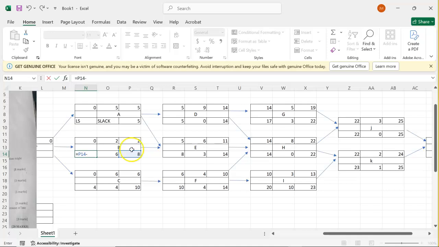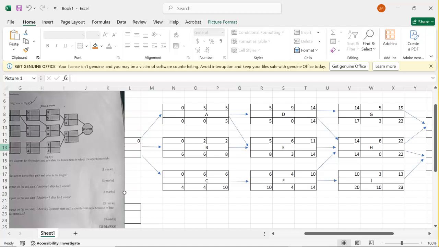Here A will be equal to that number minus that number, giving us 0. Again there it will be equal to that number minus that number in the middle, which is giving us 0.